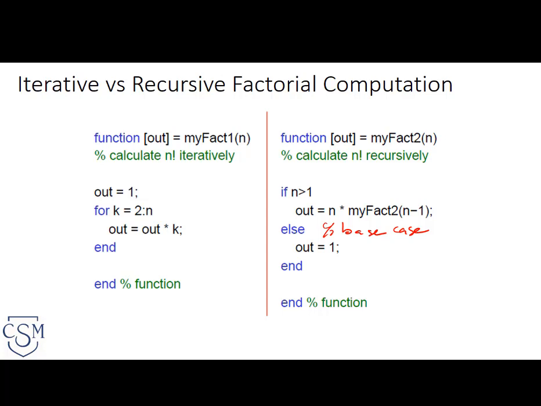It could be on the bottom. And it needs to have a base case output. But if it's not the base case, it will call itself, my factorial 2. Remember, this is like n times n minus 1 factorial. So let's take a look at this code in MATLAB to see how it would execute.